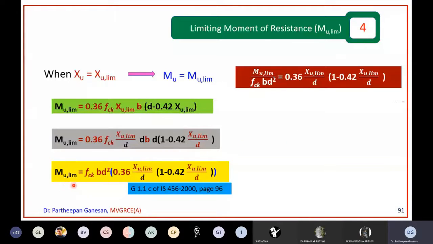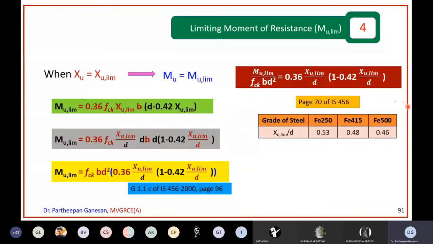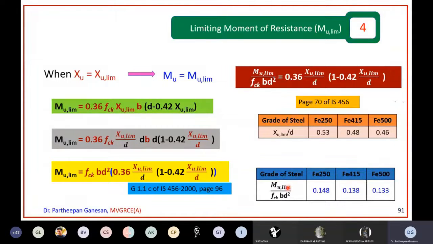So MU limit by FCK BD square is equal to 0.36 Xu limit by D into 1 minus 0.42 Xu limit by D. Now I know Xu limit by D from page number 70 of IS 456. If I have Fe 250 steel, Xu limit by D is 0.53. If I have Fe 415 steel, I have 0.48 for Xu limit by D. Similarly for Fe 500.